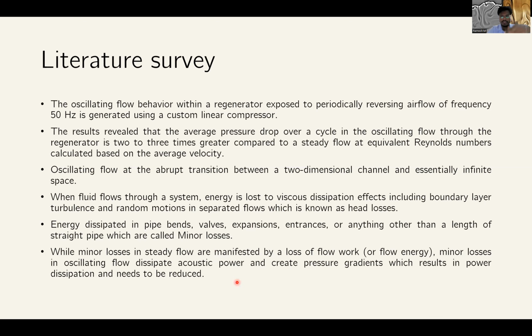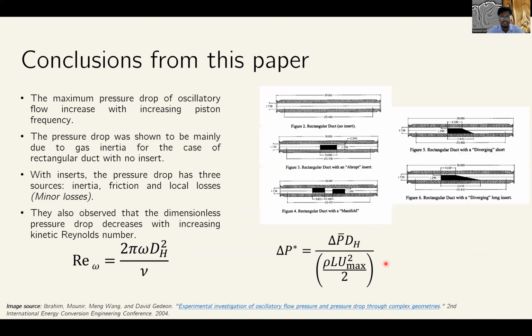So it will reduce the performance, and it has to be reduced. Based on these data, this paper has done a series of experiments on the Stirling engine. They have made a few obstructions like these, and they have developed oscillatory flow based on the Stirling engine.